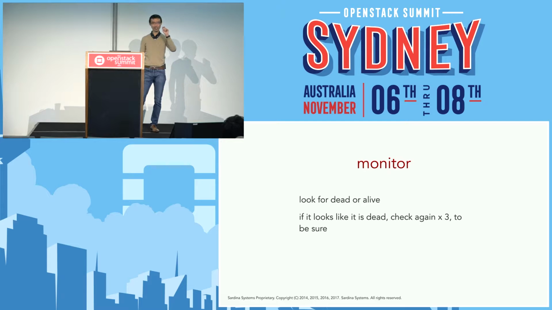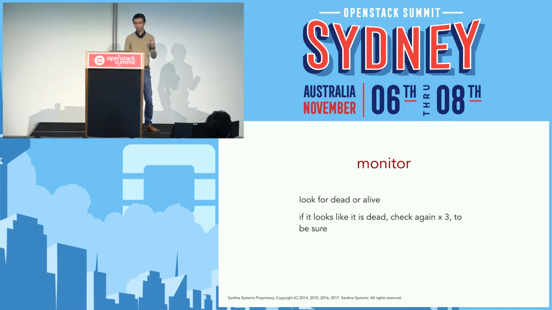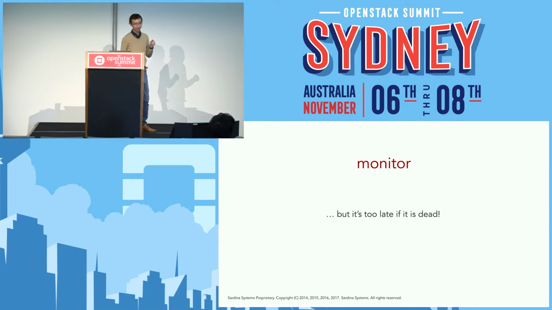Is it alive? Is it alive? It's not responding. Let's check 3 times. Oh yeah, it is really dead. But if that happens, it's too late. It's dead. When it's dead, service consumers are already affected. This is not good.